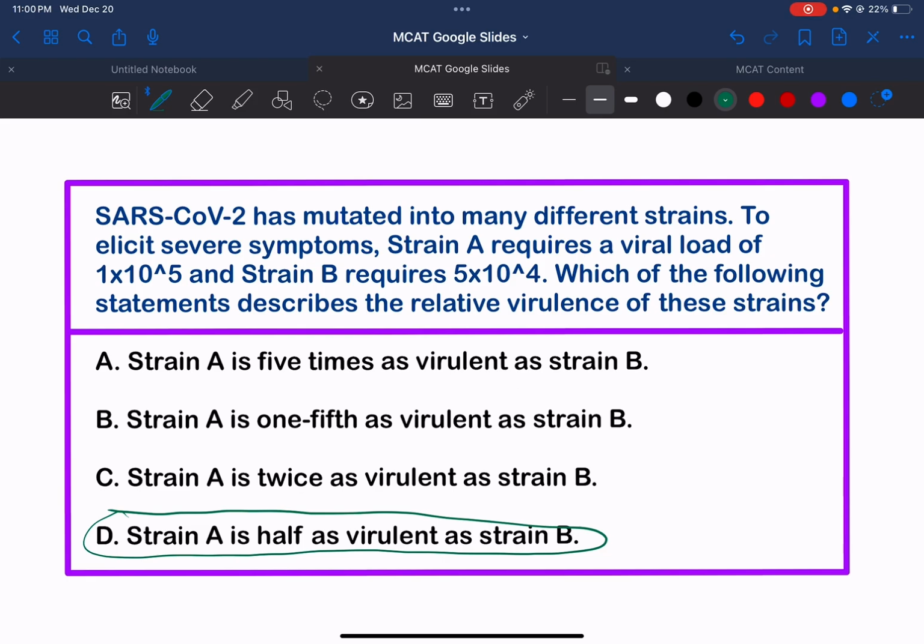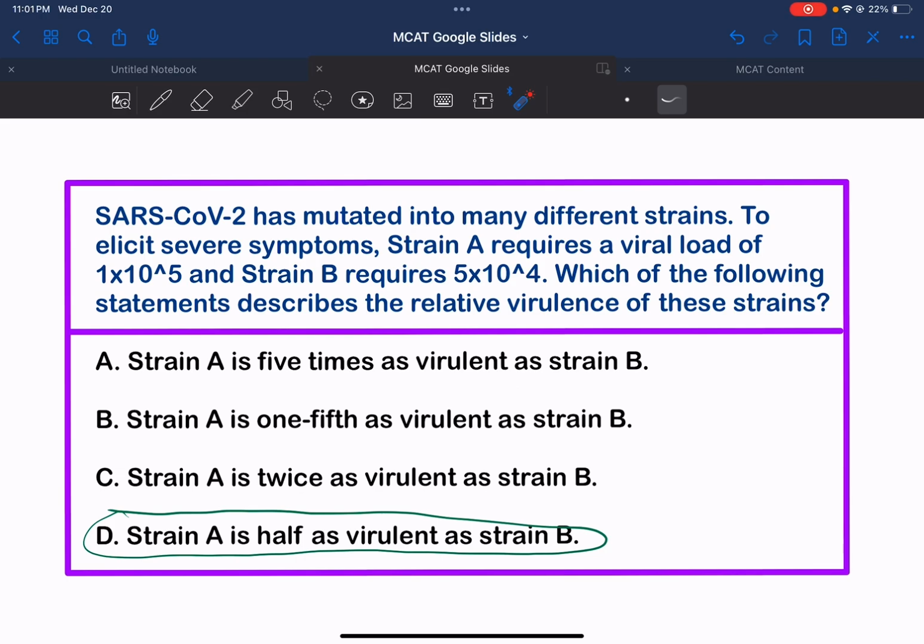All right. So if we read this correctly, we will see that strain B requires much less of a viral load to elicit severe symptoms, meaning that it's the stronger one because it doesn't require as much. 5 times 10 to the 4th is exponentially smaller than 1 times 10 to the 5th.